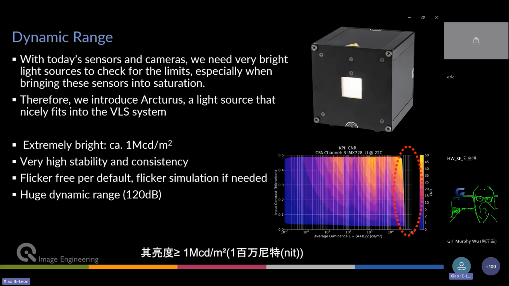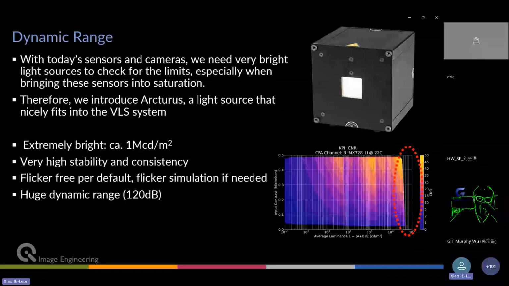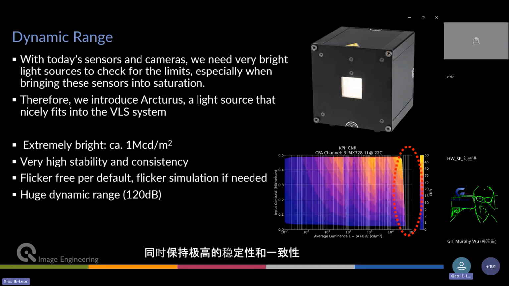We are at about 1 megacandela per square meter, while still being very stable and consistent. So you can go over a huge dynamic range, change the intensity of that light source, and perform tests with high stability. The device itself will control itself and will be very stable.